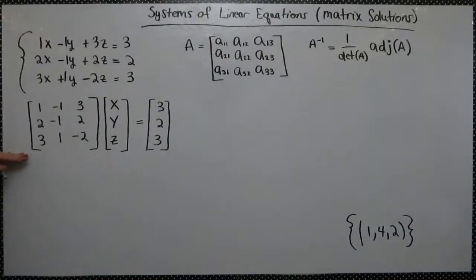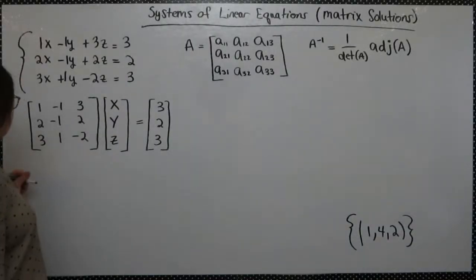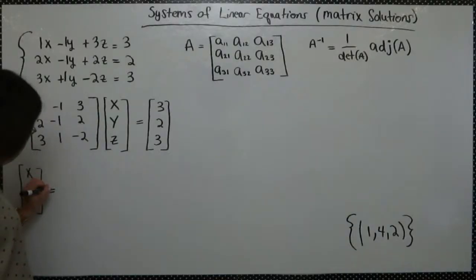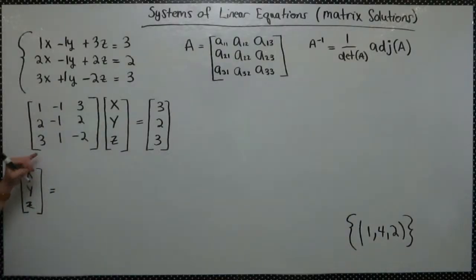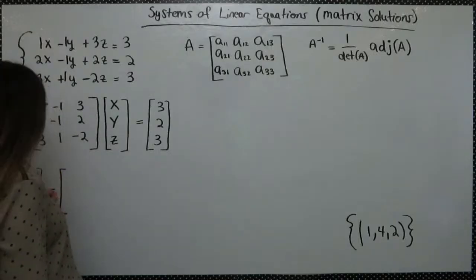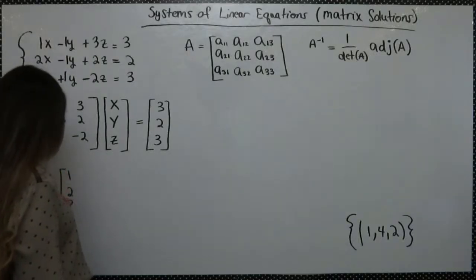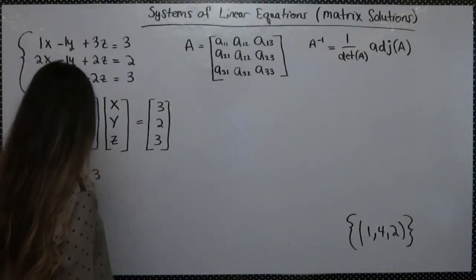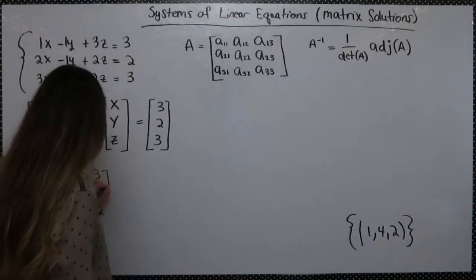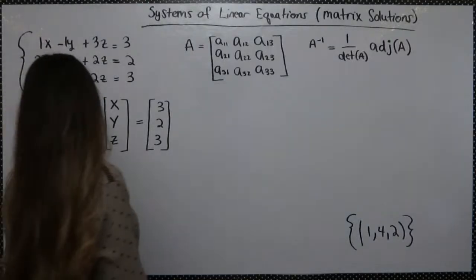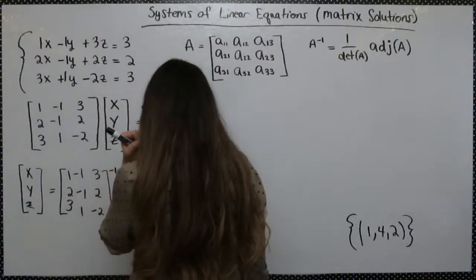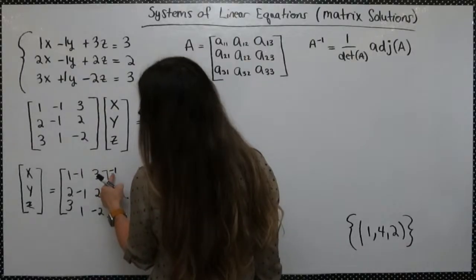If you have it in this form, then here's your solution: x, y, z is going to equal the inverse of your coefficient matrix, 1, -1, 3, 2, -1, 2, and 3, 1, -2. The -1 exponent is notation for inverse.